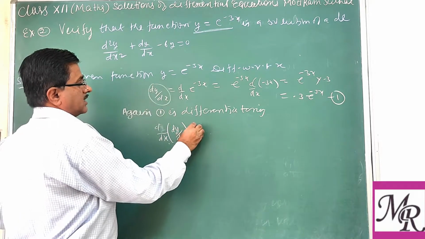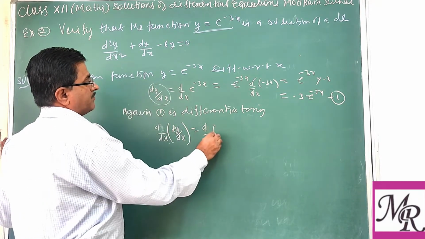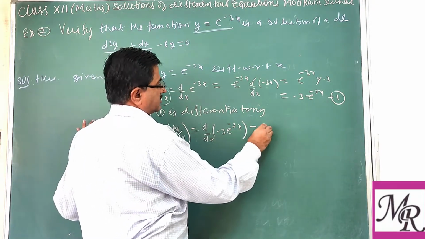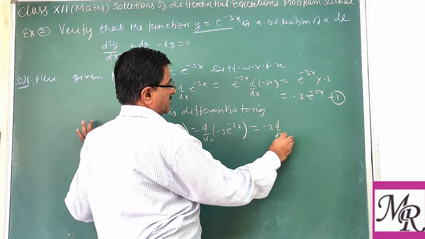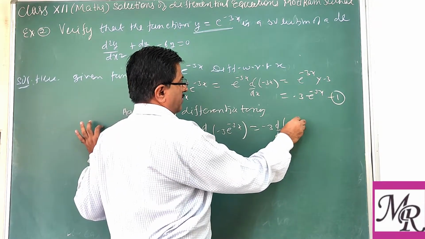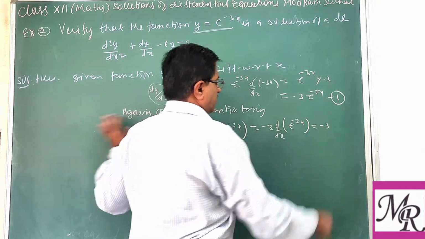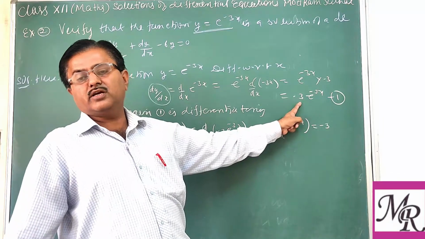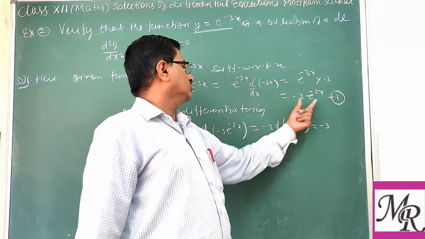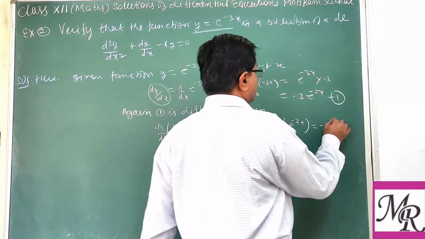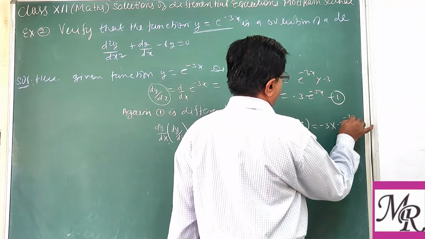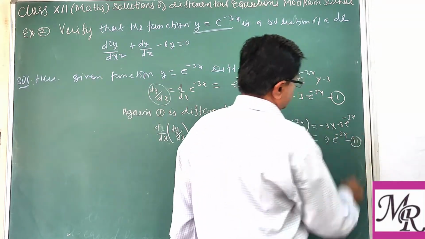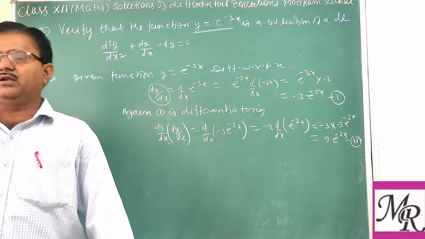The right side is d by dx of minus 3 e power minus 3x. Minus 3 is a constant, so we take it outside and take the derivative of e power minus 3x, which we have already found is minus 3 e power minus 3x. So you get minus 3 into minus 3 e power minus 3x, finally 9 e power minus 3x. So this is equation number 2.